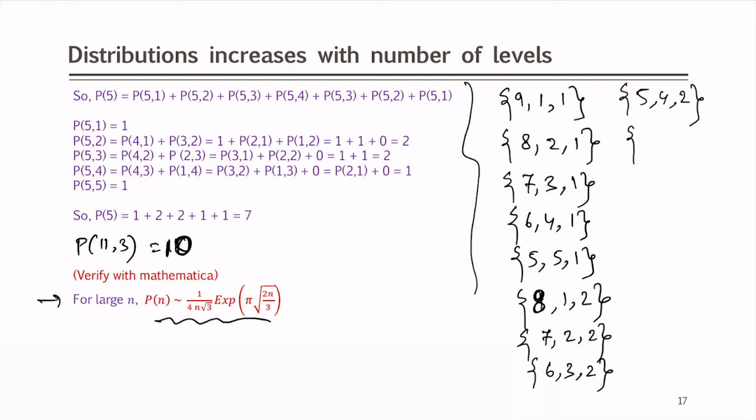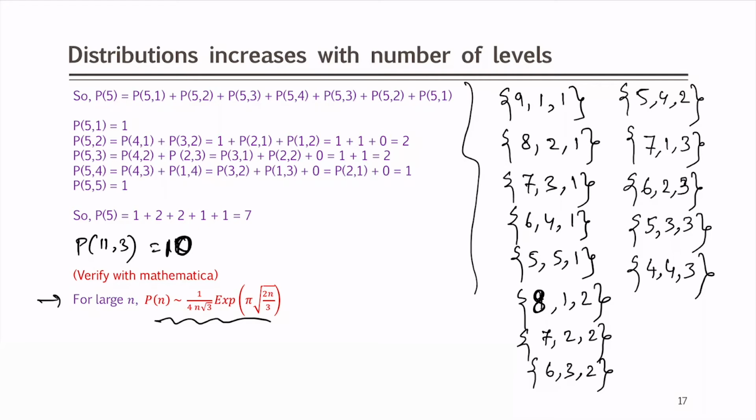So, now instead of 2 we are going to go to 3. So, if we start with 7 1 3, 6 2 3, 5 3 3, 4 4 3. Okay. Now, we are going to go to 4, which is going to match.